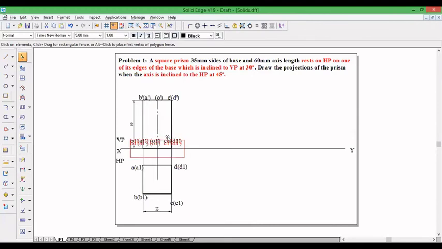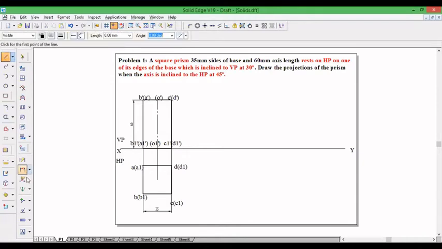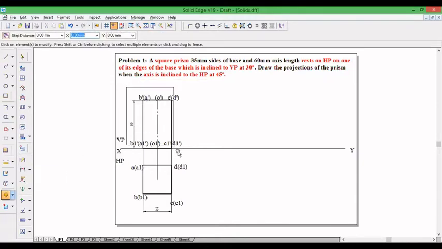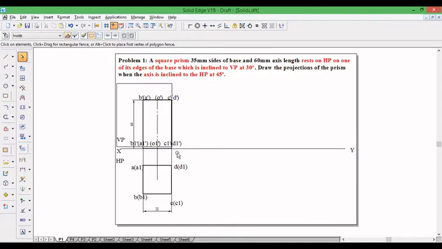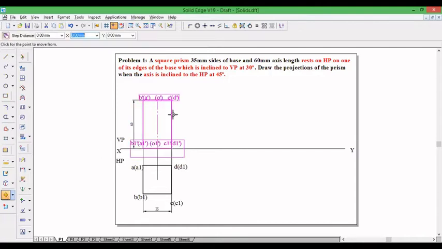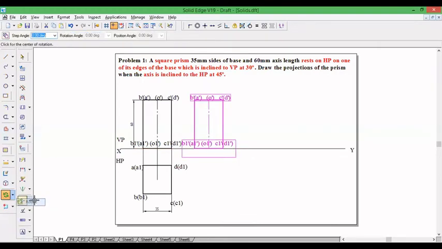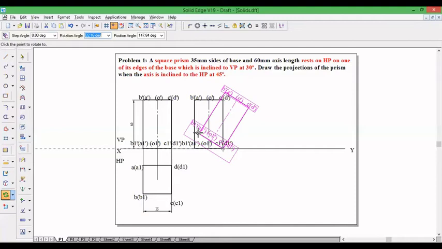Okay, so the next position is the axis inclined 45 degrees to HP. So let us take the move command, select this first position, go for move, select the entire thing, switch on copy, take reference of this endpoint and paste it on the second position, and rotate the same in such a way that the axis is inclined 45 degrees to HP, so the base rotation is 90 minus 45 degrees.